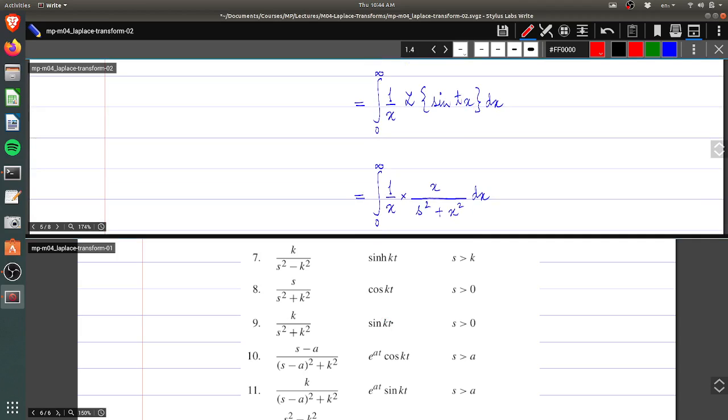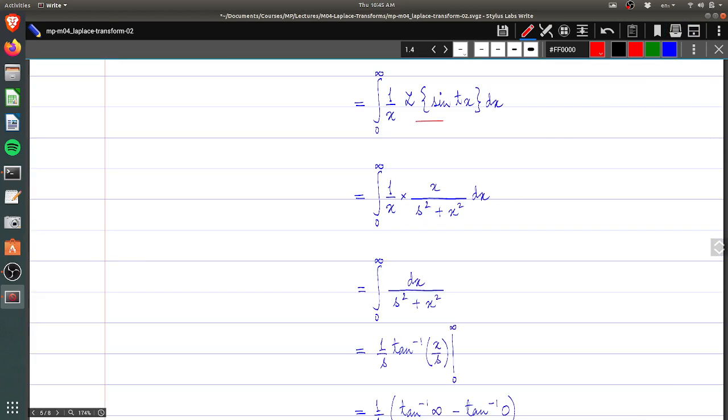We wrote it as sine kt; t is the same, and only wherever it is k, we replace it with x. We know the Laplace transform is k by s square plus k square. So we replace this k with x here and this k also with x here, and we get x divided by s square plus x square.